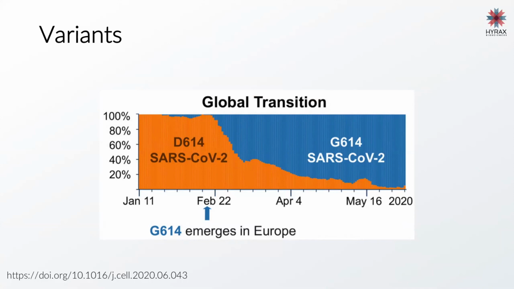So where D was prominent at the start of the pandemic, G at position 614 quickly took over and became prevalent as the virus spread. So together with the groupings of clades and lineages, these variants provide different kinds of information and can be linked, as I just said, to transmissibility and infectivity.